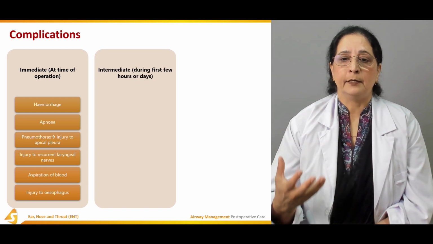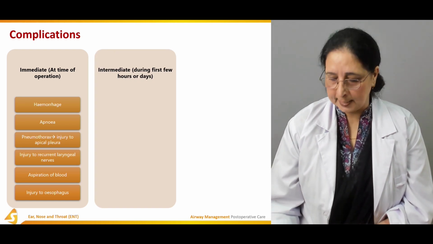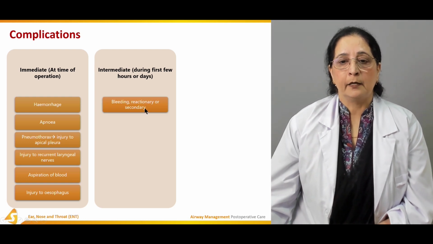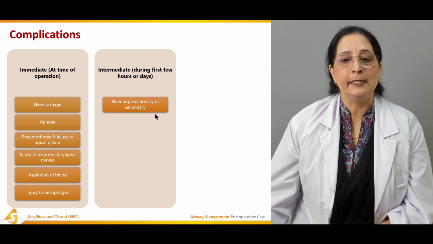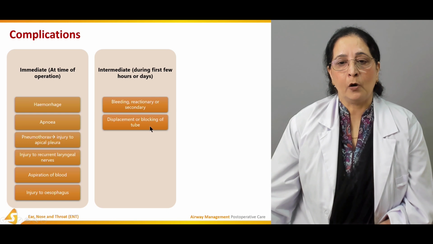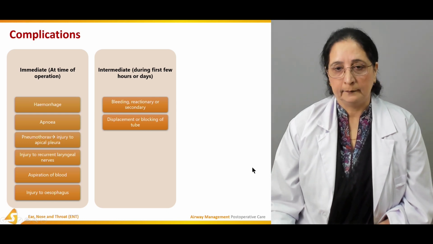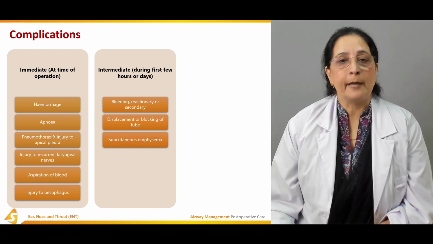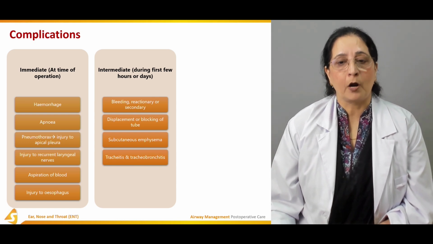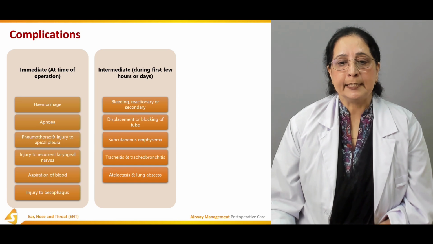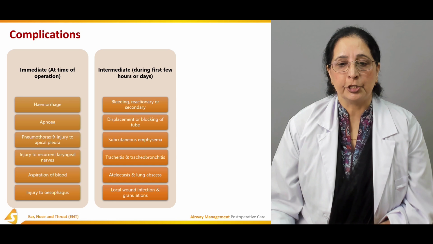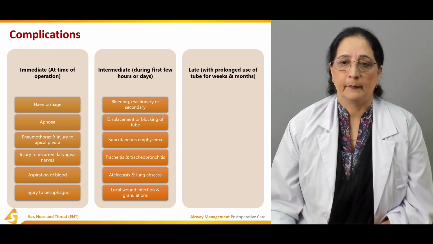Then within a few hours to days we have intermediate complications: bleeding, reactionary bleeding or secondary bleeding, displacement or blocking of the tube, subcutaneous emphysema, tracheitis and tracheobronchitis, atelectasis and lung abscess, local wound infection and granulation.